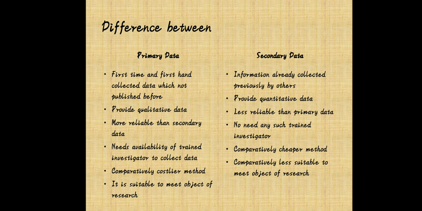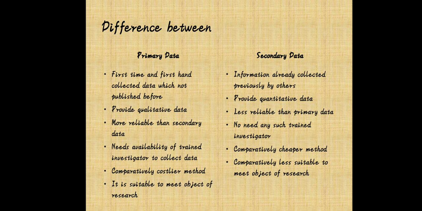It doesn't mean that we cannot trust secondary data, or dissertations, or journal articles, but still whatever we have collected as secondary data may or may not help in our research output. Primary data needs the availability of trained investigators to collect data, so it is a little costlier, but for secondary data no such trained people have to be appointed, so it is comparatively cheaper.